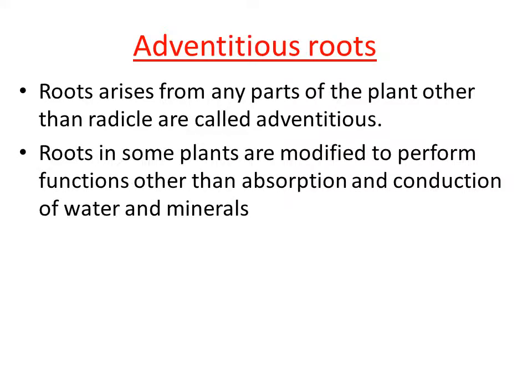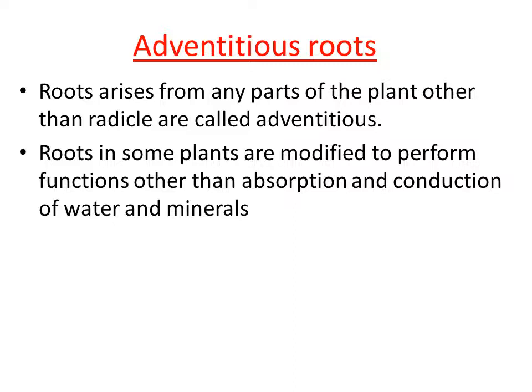Roots in some plants are modified to perform functions other than absorption and conduction of water and minerals. One of the primary functions the root performs is absorbing water and minerals from the soil. That is the basic function of a root in all plants, right? But adventitious roots are not formed by the radicle.